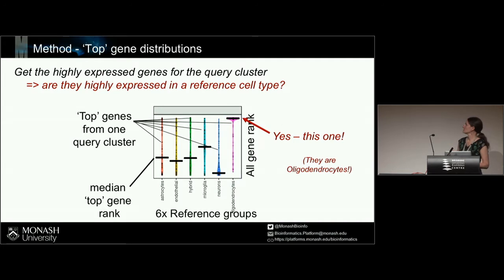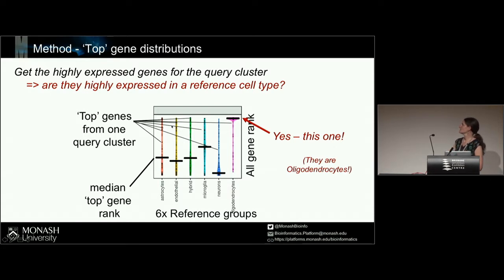We take those top genes that we think are representative of this query cluster that we don't know what's in, and we look up where they fall in the full rankings that we also computed for the reference clusters. So these 6 columns here are 6 different reference groups that we already know what they are. And these little black tick marks are just our top genes from the query cluster. And the big black bar in the middle is just the median rank for ease of visualization.